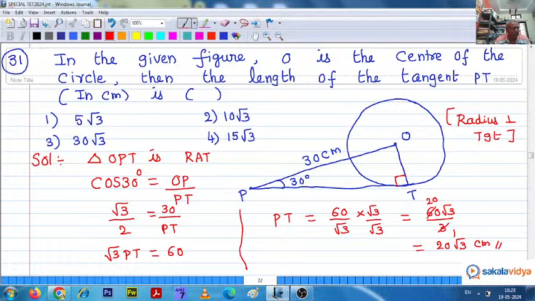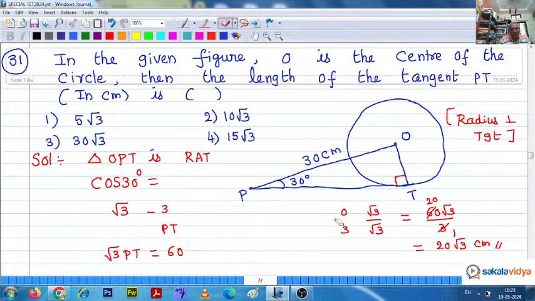Okay, 30 is given, cos 30 is root 3 by 2. Adjacent side by hypotenuse. Cos 30 is OP by PT. Sorry, I made a mistake here, because OP is the hypotenuse.